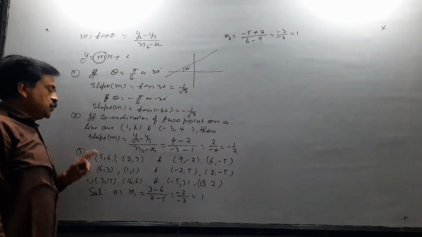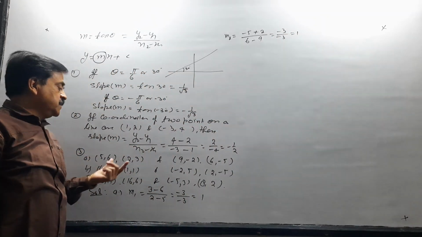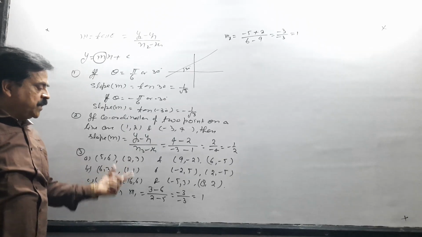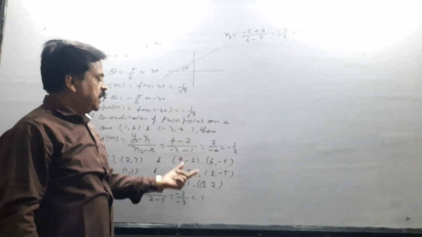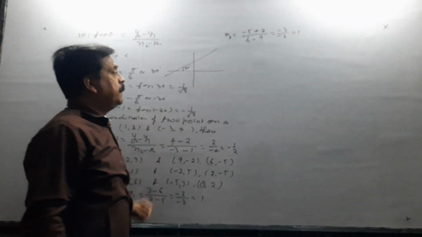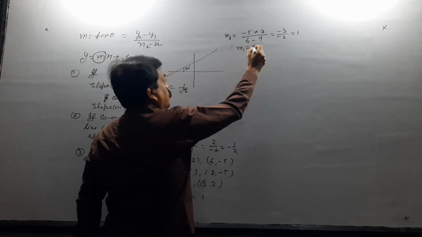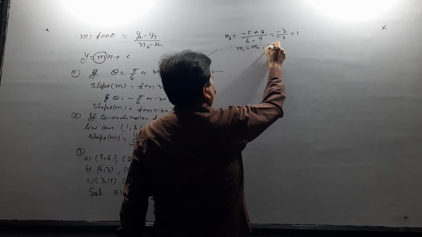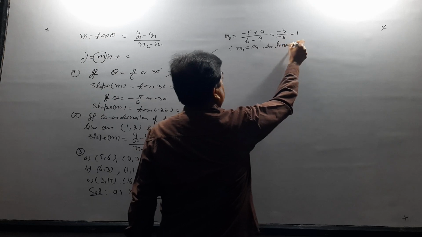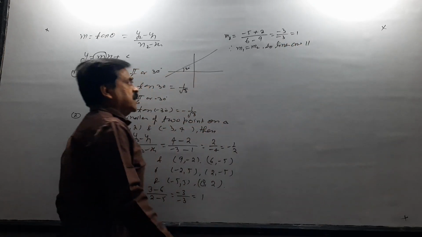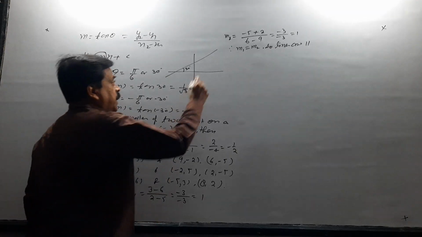Since slopes of these two lines are equal, slope of line passing through these points is 1 and slope of line passing through those 2 points is 1. Since m1 is equal to m2, lines are parallel. This is the sign of parallel. Lines are parallel.